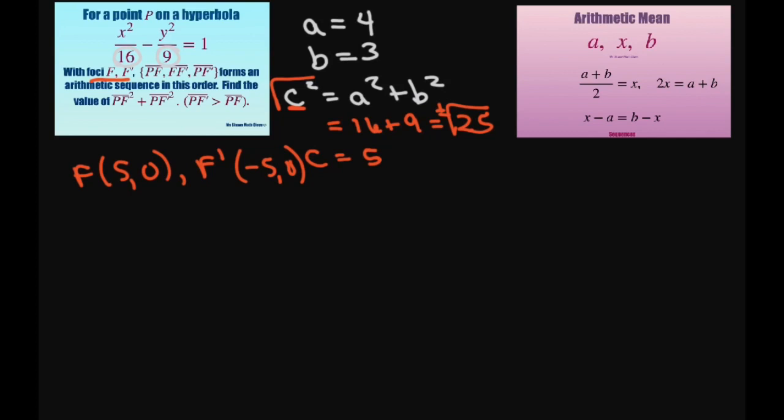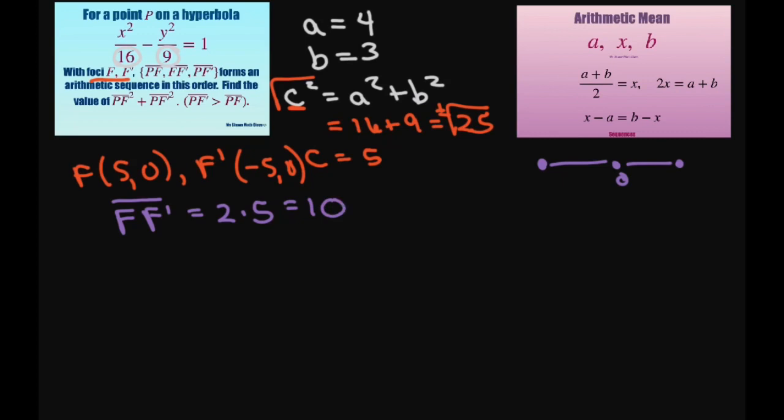All right, from there, let's look at the distance from F to F prime, because we're going to need that. That's just going to be 2 times 5. If you have foci at -5 to 5, then you just add the two of those, so this equals 10.